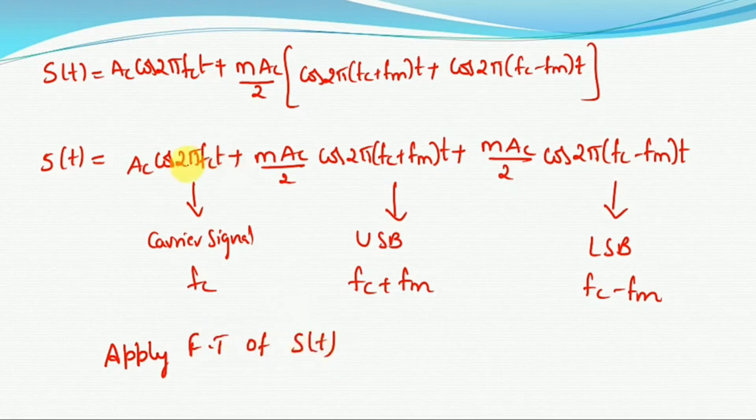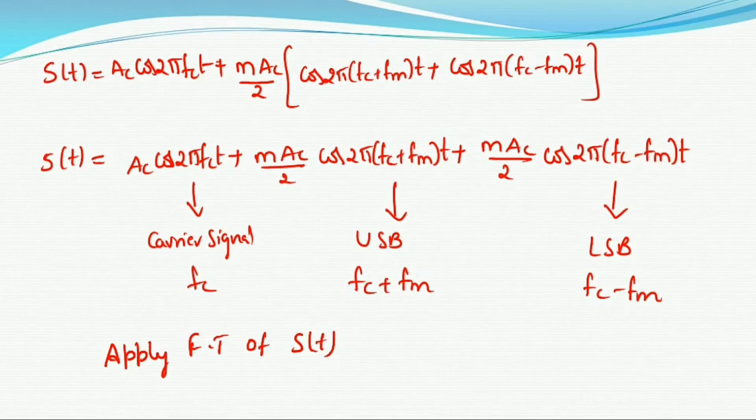A cosinusoidal signal under Fourier transform becomes an impulse signal with a shifting frequency of plus or minus Fc, and the second term is also an impulse signal with a shifting frequency of Fc plus Fm and minus of Fc plus Fm, and the third term is again an impulse signal with a shifting frequency of Fc minus Fm and minus of Fc minus Fm.